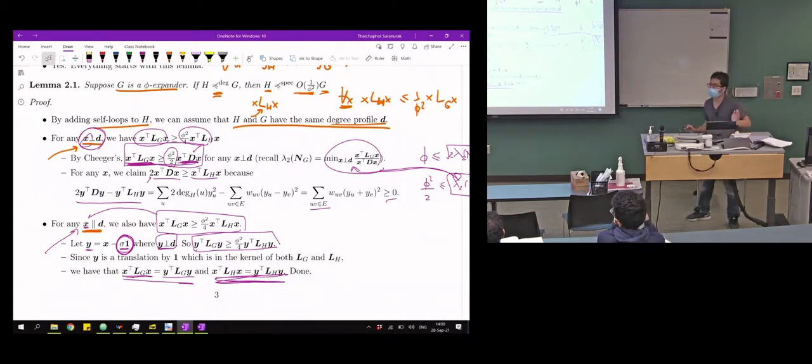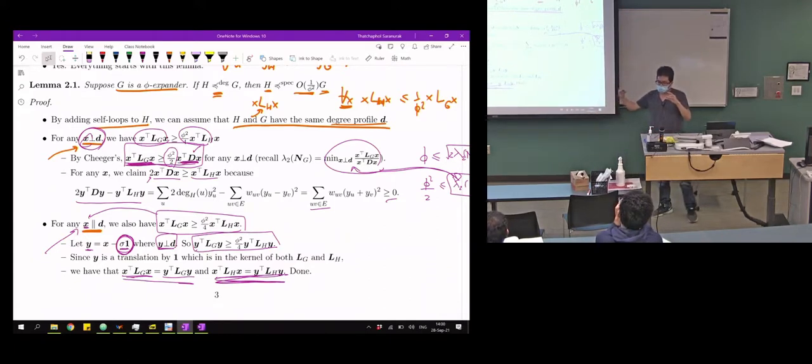What was sigma? Oh, sigma is just some scaling constant. When you start with some vector X, you can always translate it by some scaling factor sigma.